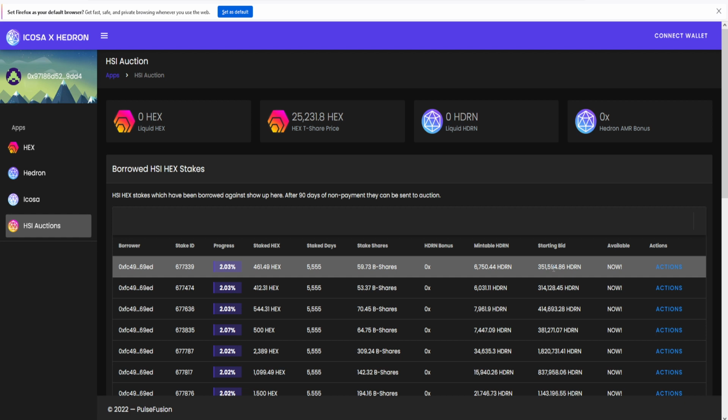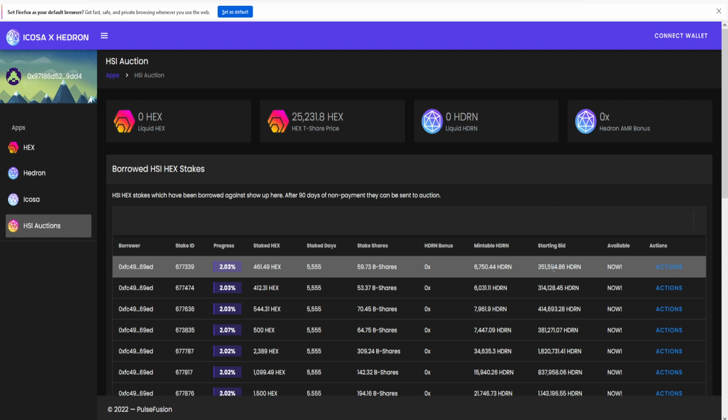He will receive Icosa, and after 3 months when this stake goes live in the auctions, the bidding Hedron will be burned and will generate Icosa as yield in these 3 pools.